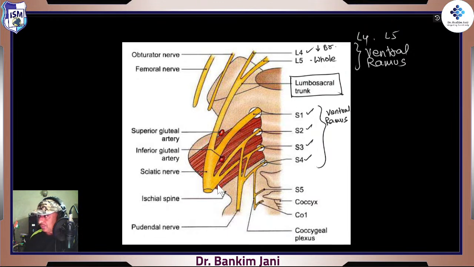Few points to note in this case. One, see, this is superior gluteal artery. Putting a star. This one point will take you miles ahead. Why? Because this superior gluteal artery is between the lumbosacral trunk and S1, right?